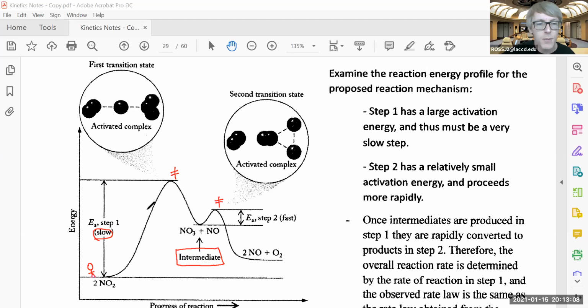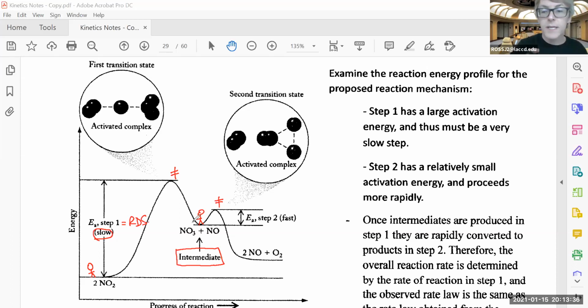If you had to climb that hill or climb this hill, which hill would take you the longest to climb? Clearly the first one, but that's a crass analogy. It's not really a hill. Okay. So clearly the rate limiting step or the rate determining step is step one. So this is the rate determining step.